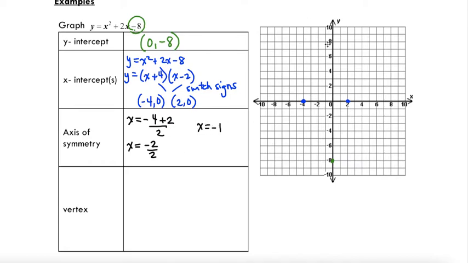So my axis of symmetry goes through this line right here, which means my vertex also is on this line. So how do I find my vertex? Well, I find my vertex by taking this -1 and substituting it into my original equation.